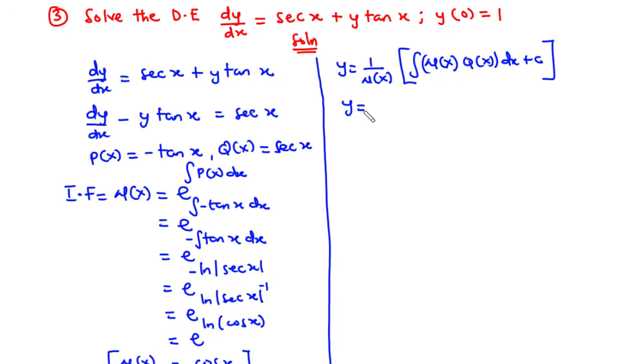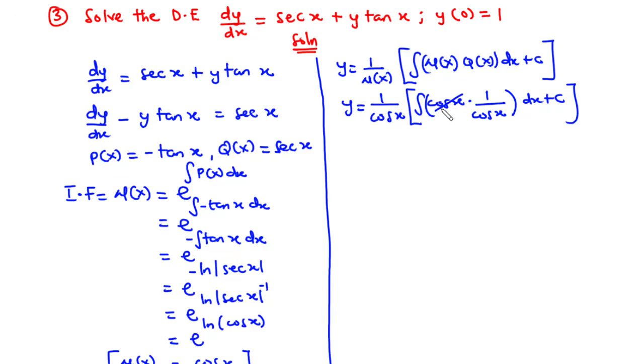So y equals 1 over cos x times the integral of cos x times q of x, and q of x is sec x. Now sec x is 1 over cos x, so we are going to have 1 over cos x dx plus c.